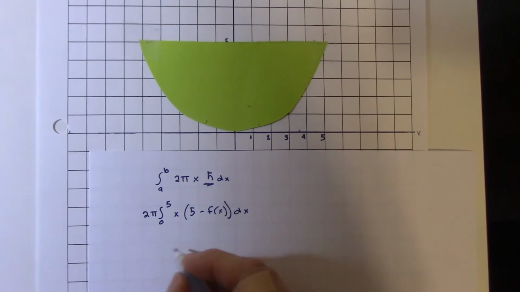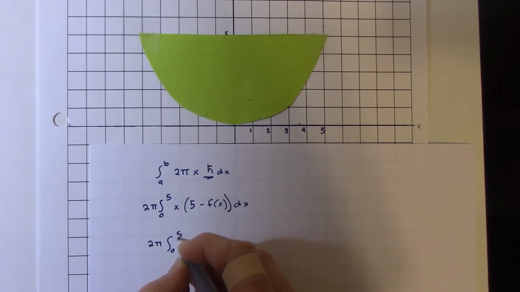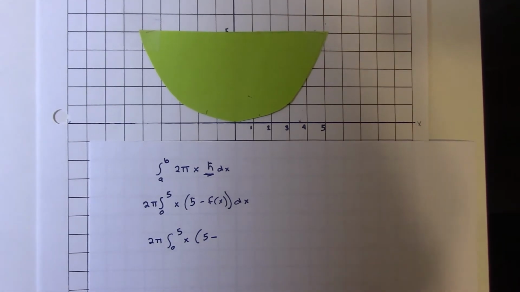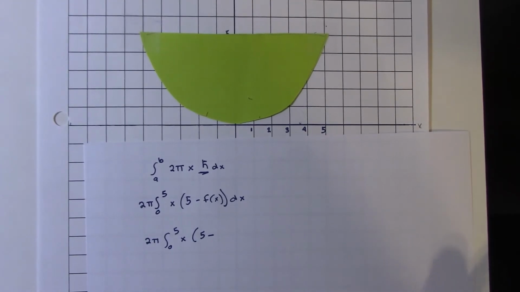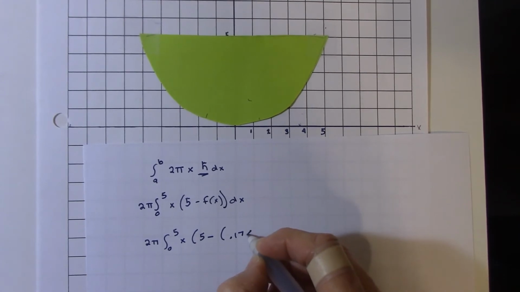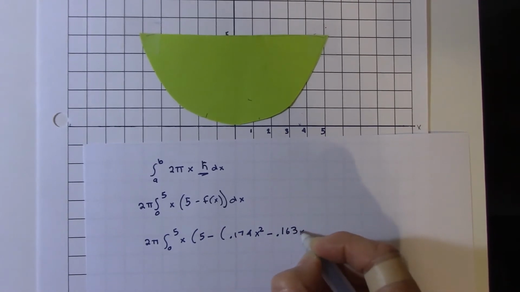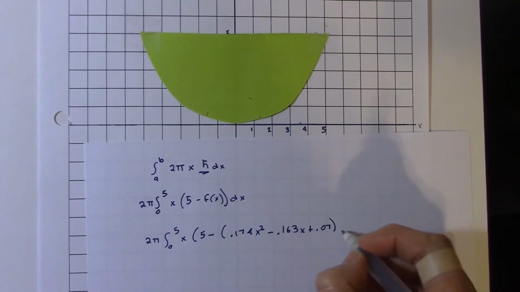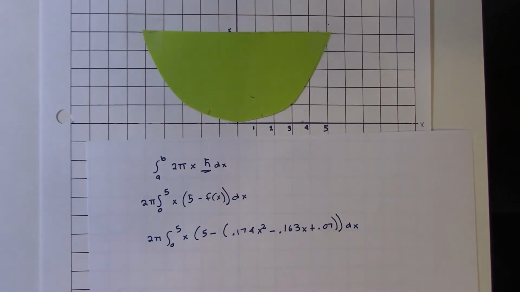dx. So I have 2 pi, the integral from 0 to 5 of x times 5 minus my function, which is 0.174x squared minus 0.163x plus 0.07, times dx.